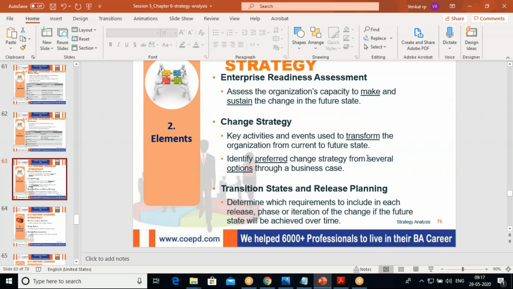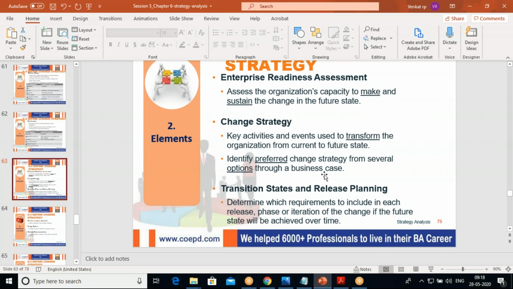And then it comes to the change strategy. Here the key activities and events are used to transform the organization from the current state to the future state. We have to understand it. Identify the preferred change strategy from the several options through a business case. That means a change strategy means we have to consider all the current state parameters.